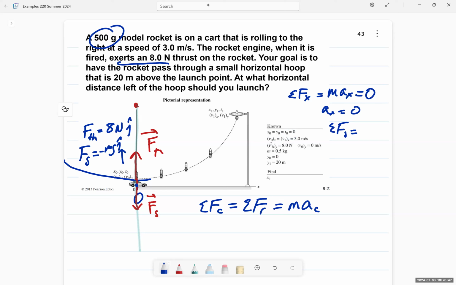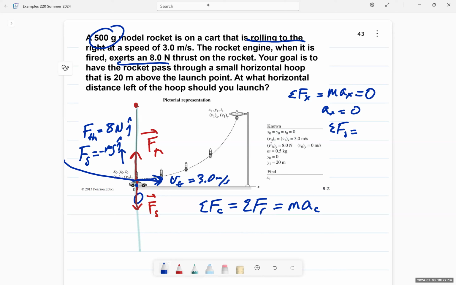Initially the car is moving with some tangential velocity of 3 meters per second. Since it says it's rolling to the right at that speed, we can assume the tangential speed is constant, so it doesn't change. It's a constant tangential speed of 3 meters per second.